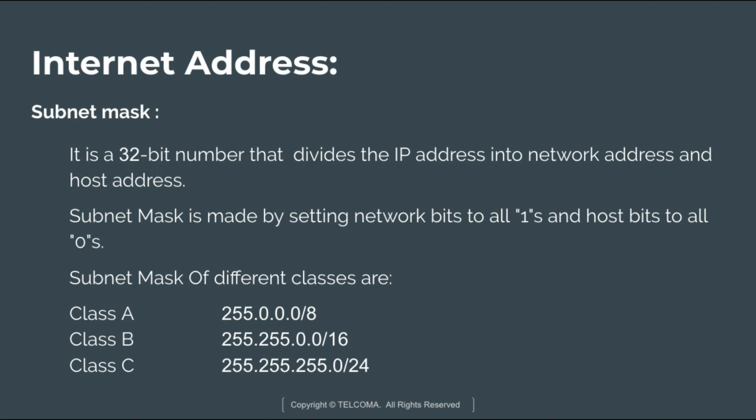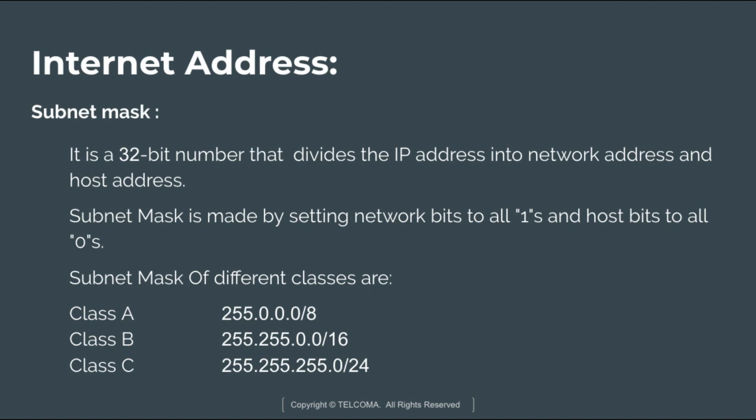So the class A subnet mask is 255.0.0.0, and it is represented by /8 because only the first octet represents the network bits, so that's why it is represented as 8.